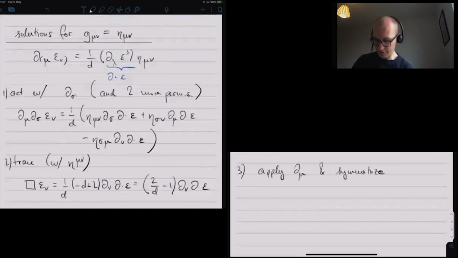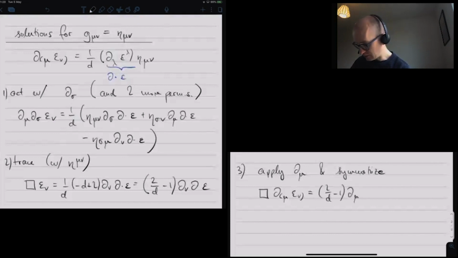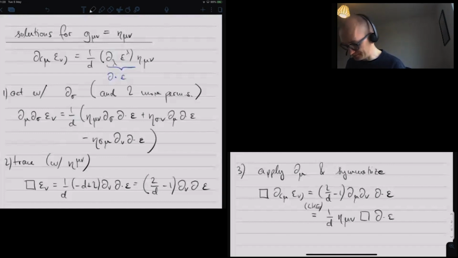Then what we get is the D'Alembert operator on ∂_μ ε_ν, and this is going to be equal to 2/(d−1) ∂_μ ∂_ν ∂·ε, which we can rewrite as 1/d η_{μν} box of ∂·ε, using the conformal Killing equation that we have up there.